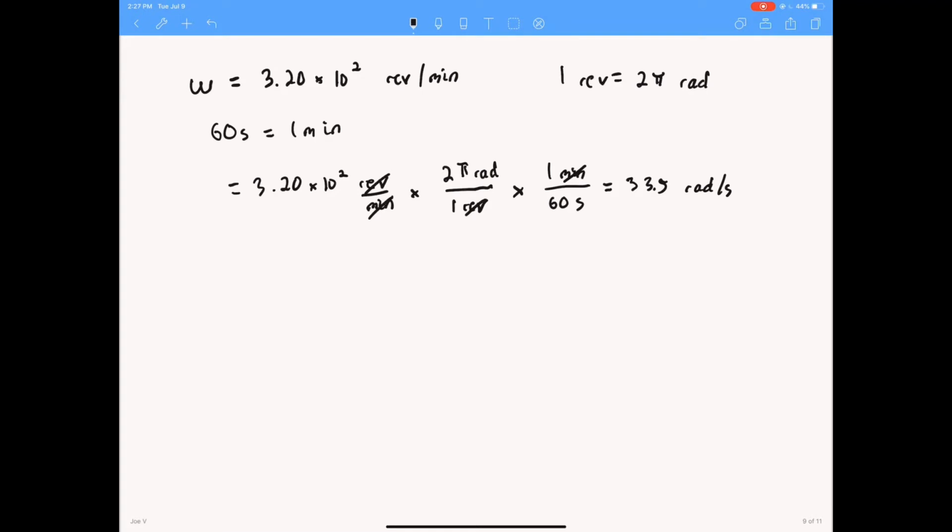We're finding the arc length traced out by the tip of the blade. First up, we need to multiply the angular velocity by time to obtain the angular displacement.